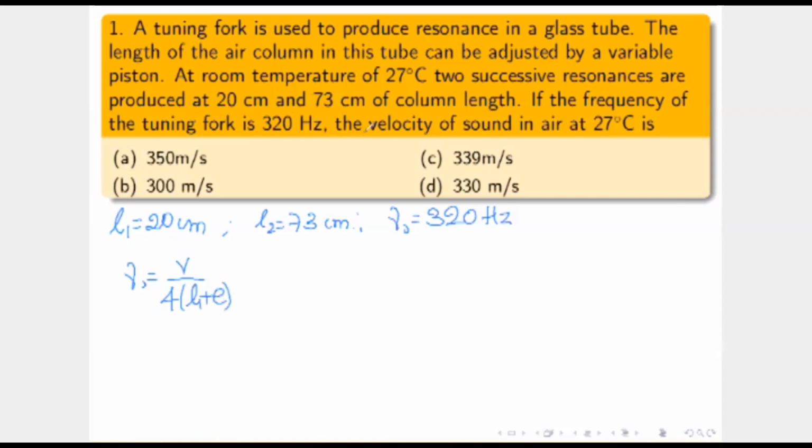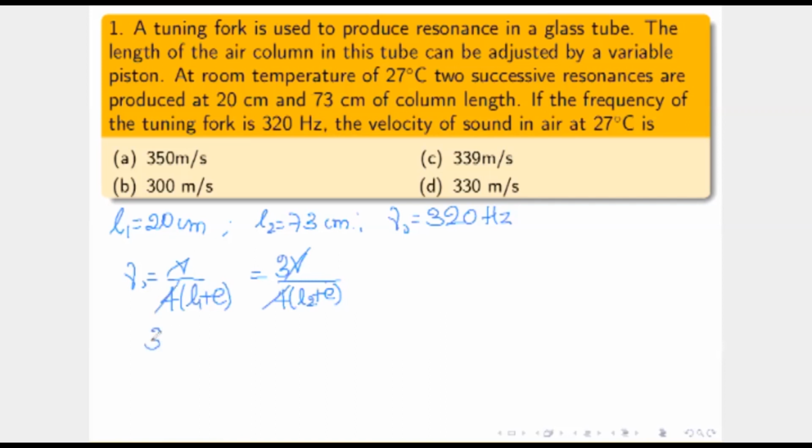Since frequency remains the same, which is 320 Hz, for the second length we can write velocity V, and it is the third harmonic. Therefore, 3 times V divided by 4 into (L2 plus E). So you can cancel V, and 4 and 4 are also cancelled.